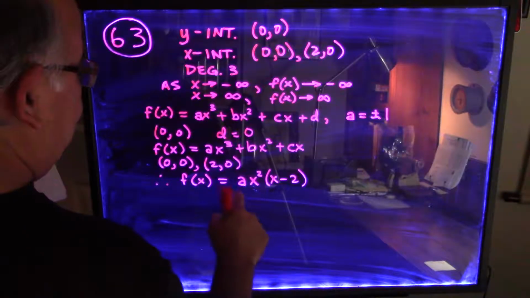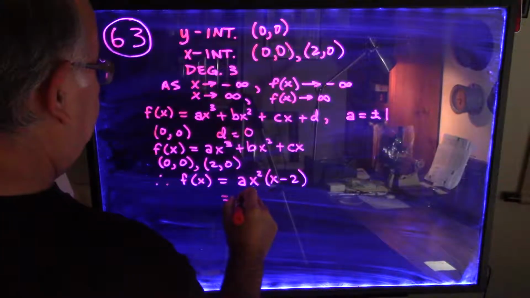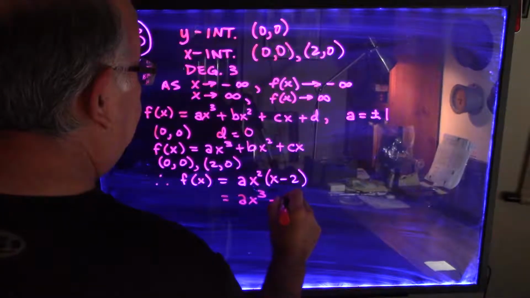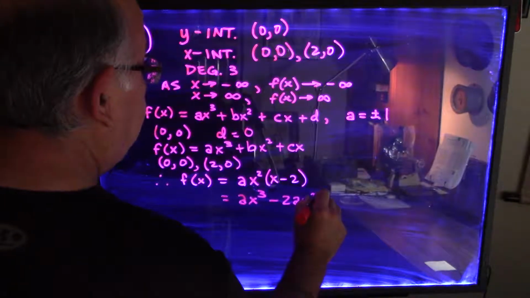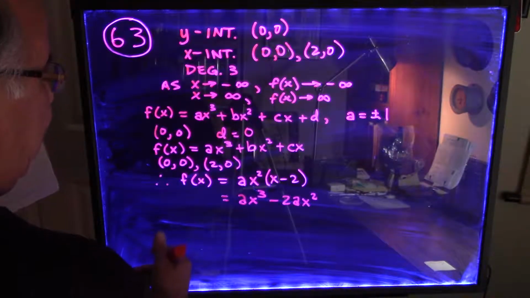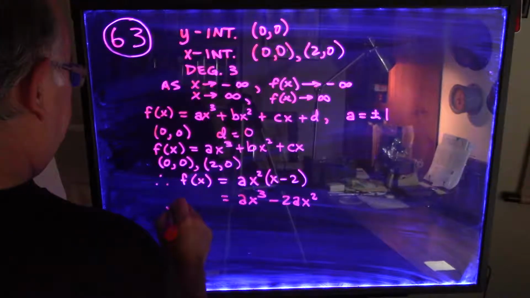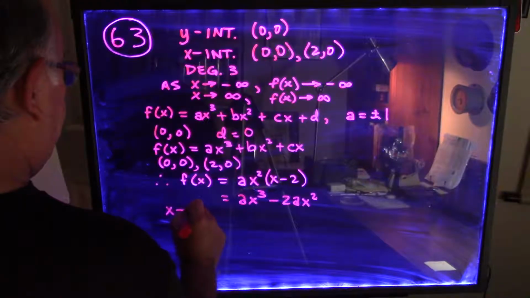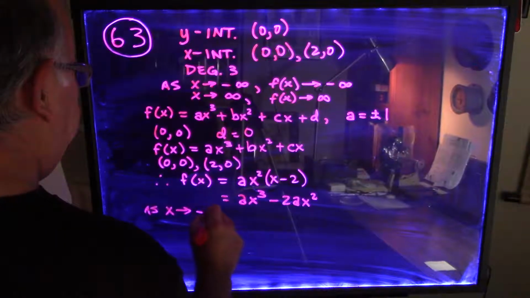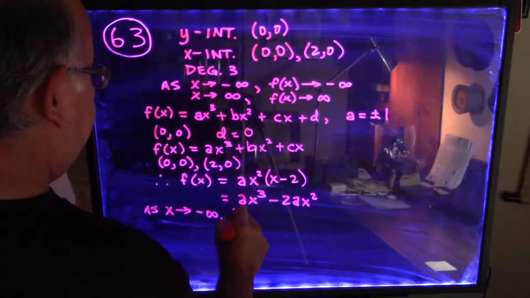So let's multiply that out, distribute the ax squared through, and you're going to get ax cubed minus 2ax squared. Now the end behavior will give us a little more information. We didn't really use it in the last one, but here use this fact: as x goes to negative infinity, f of x goes to negative infinity.